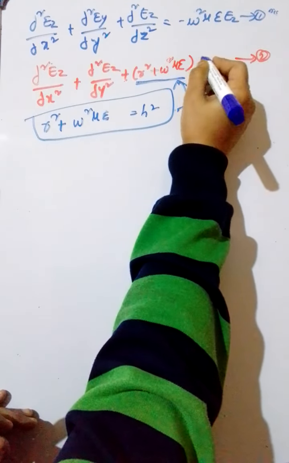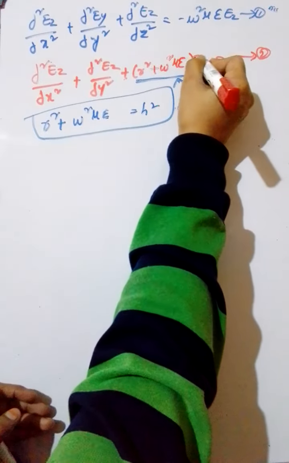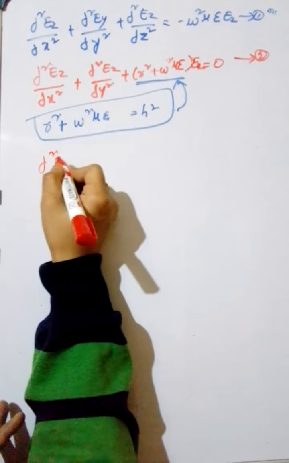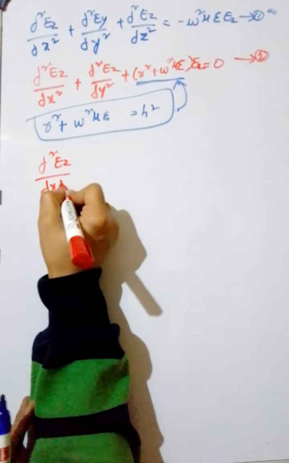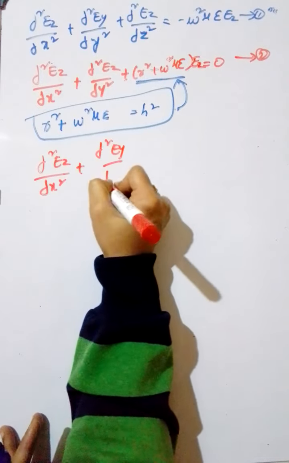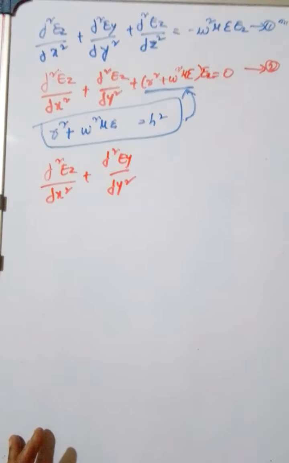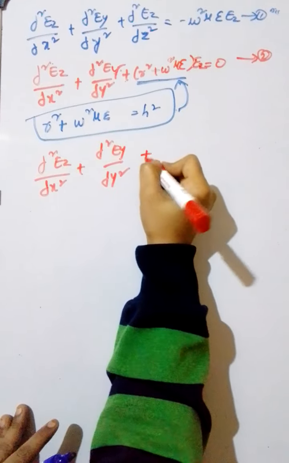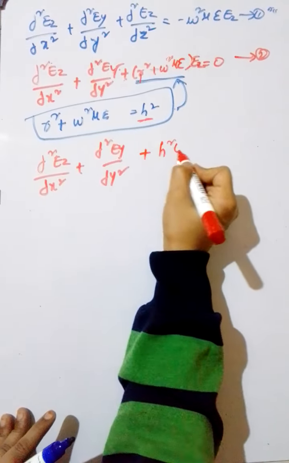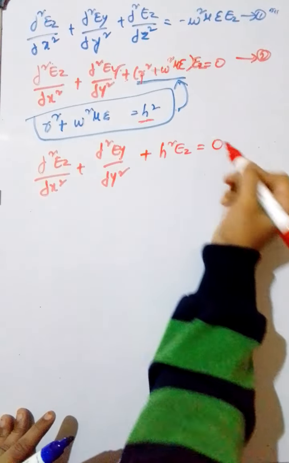What we will get? Dou square Ez by dou x square plus dou square Ey by dou y square plus h square Ez is equal to 0.